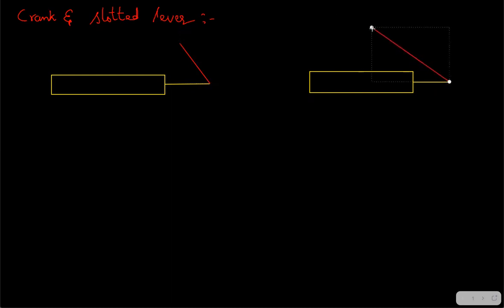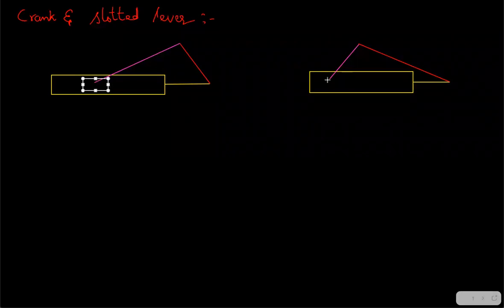Even here we have our crank. And then we have our connecting rod. Even here we have our connecting rod. And then we have our slider. Here also we have our slider.